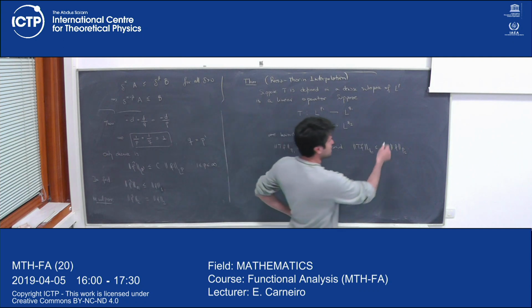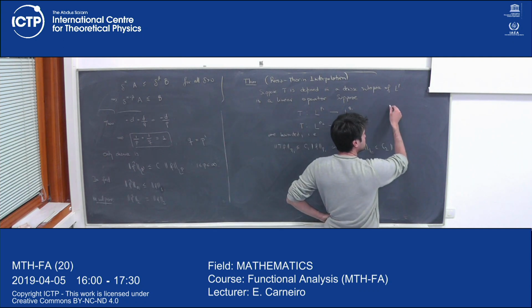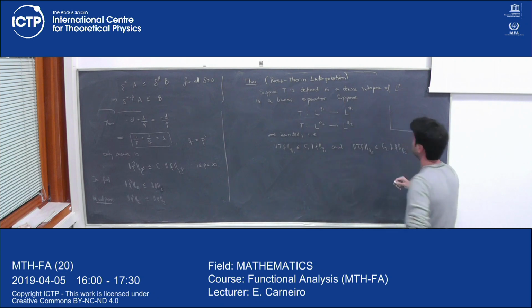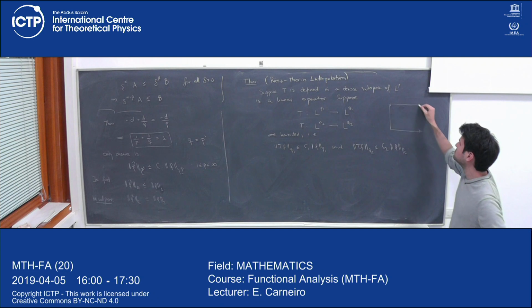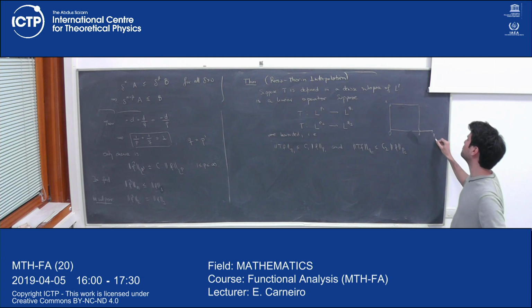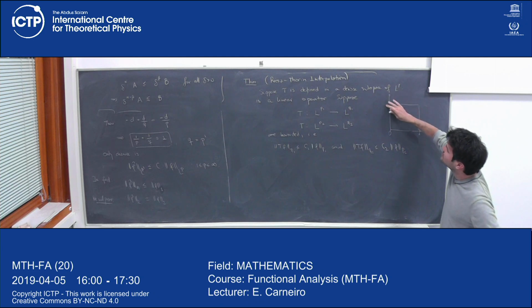One way to visualize this is to draw two axes and a little square. This is 0, this is 1, this is 1. This is your 1 over p axis, and this is your 1 over q axis.